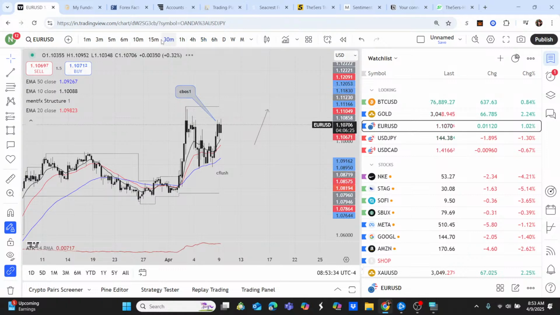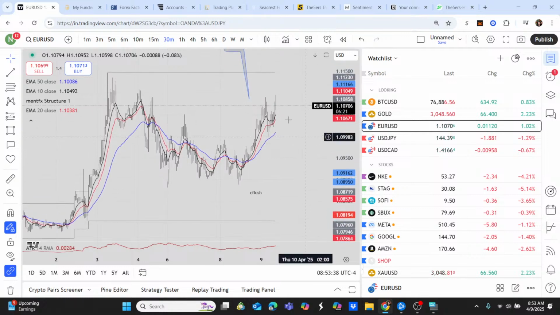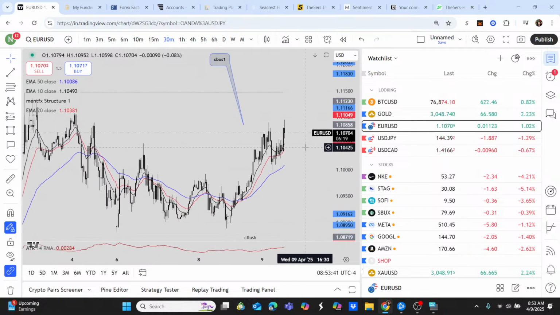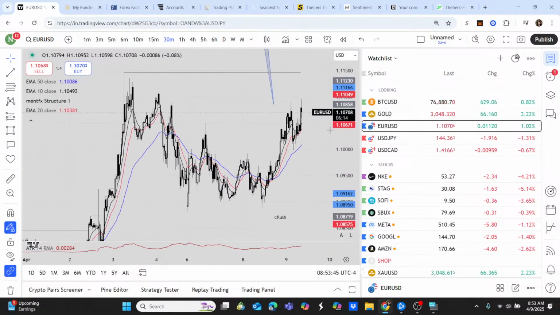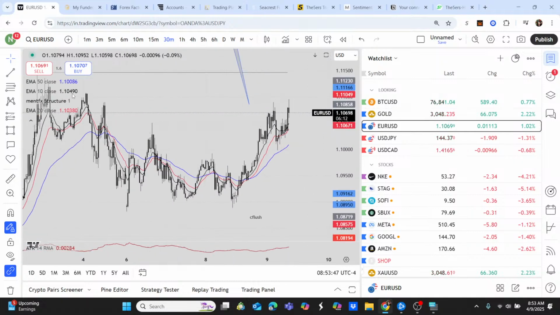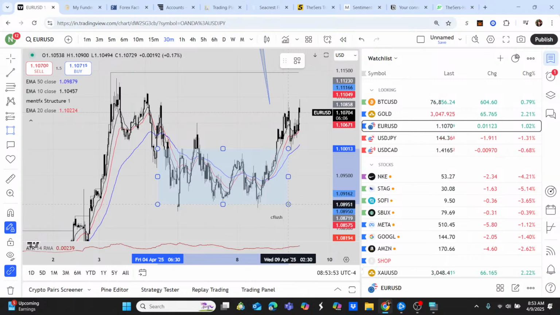So if I go into 30 minutes, let me see what's going on with that 30. Instantly what I noticed is we have a nice move down, then we ended up consolidating in this area right here.